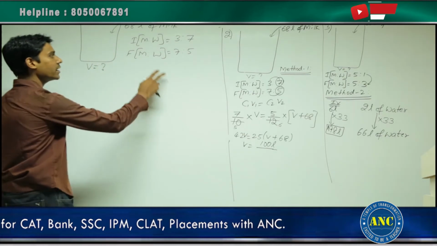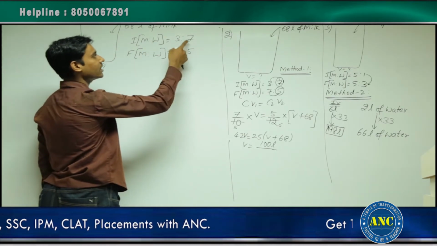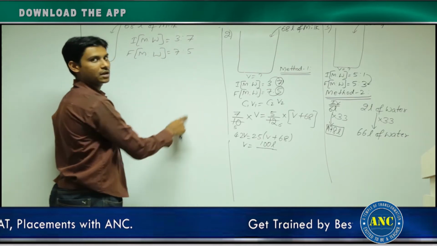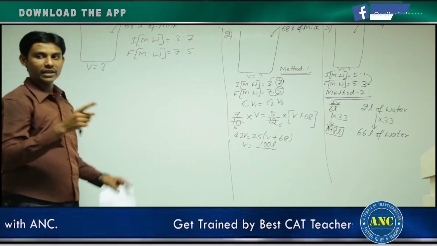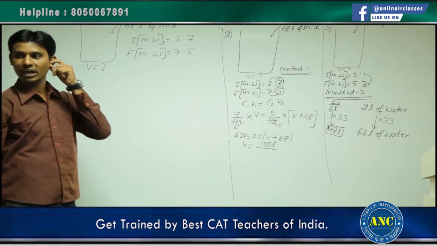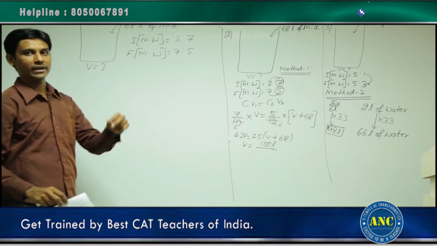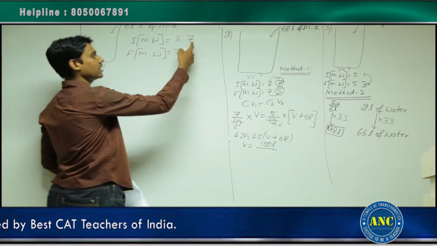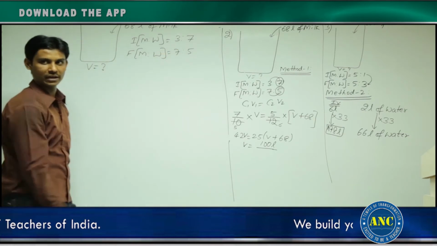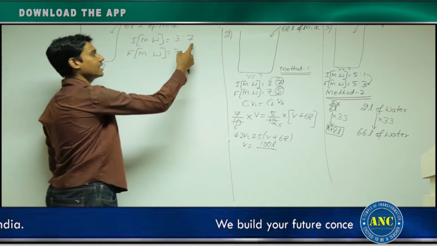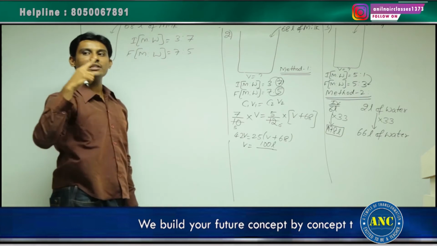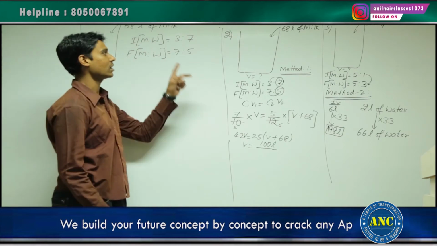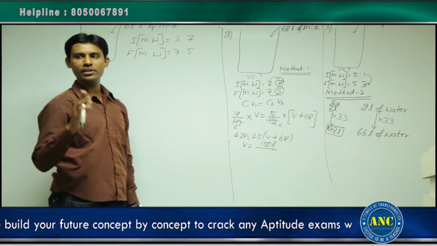But according to the ratio, initial water is 7, final water is 5. But according to the question, they both should be the same because water is not getting affected. Actually they should be the same number.